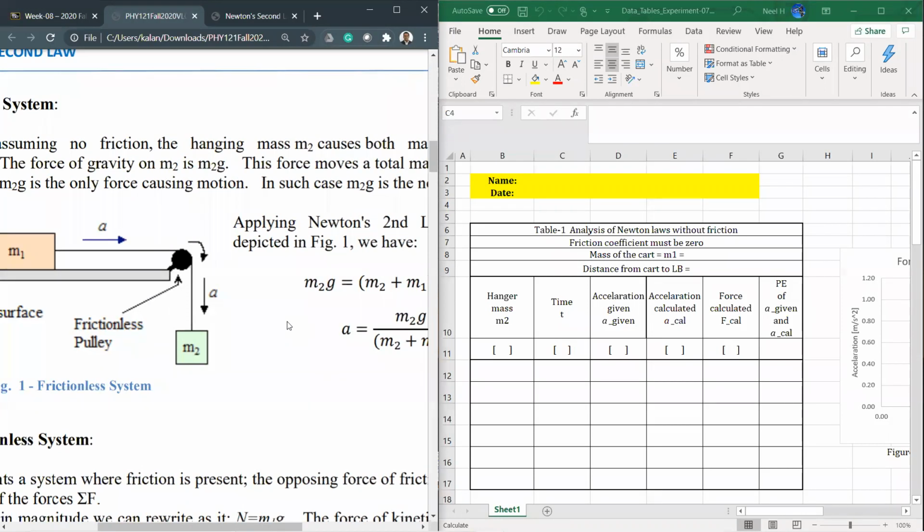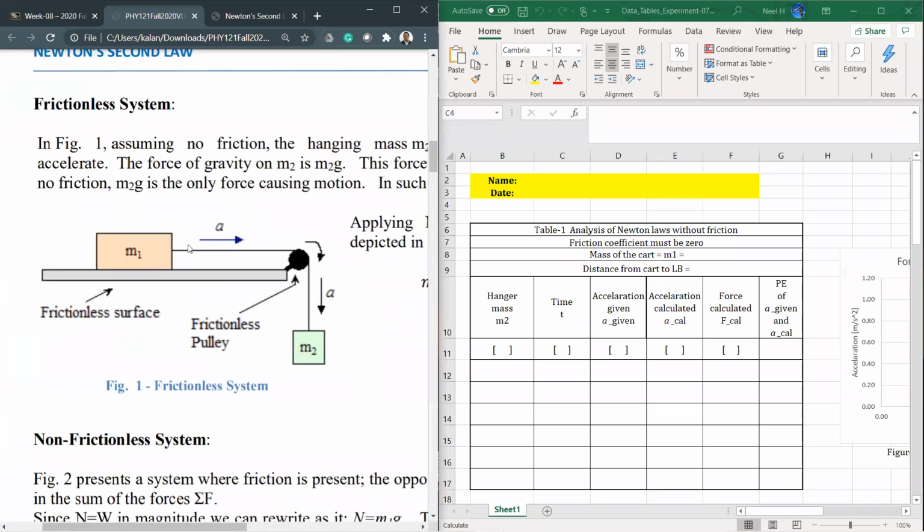Now, if I know the acceleration of the object, or if I can predict it, or the simulator can give me the acceleration, then I apply the same acceleration to the cart. The cart has a mass m1, and if you apply F equal ma to the cart, at this point there's no friction, this is a frictionless surface, then you can find the relationship between the force acting on the cart, the acceleration, and the mass.